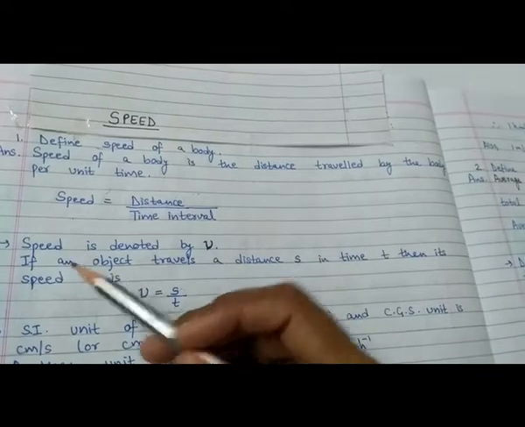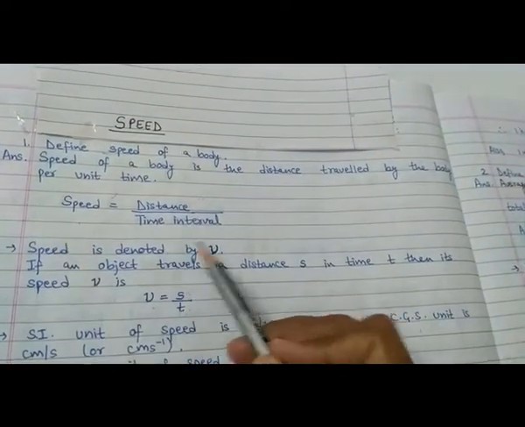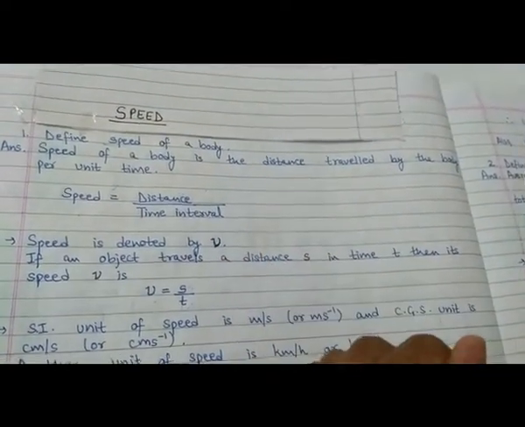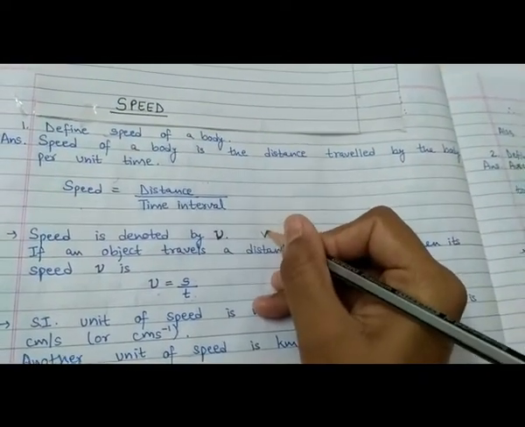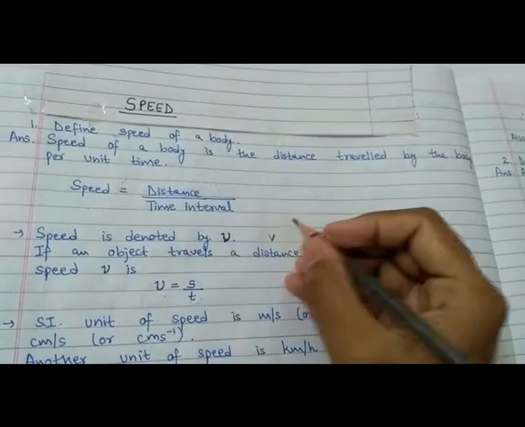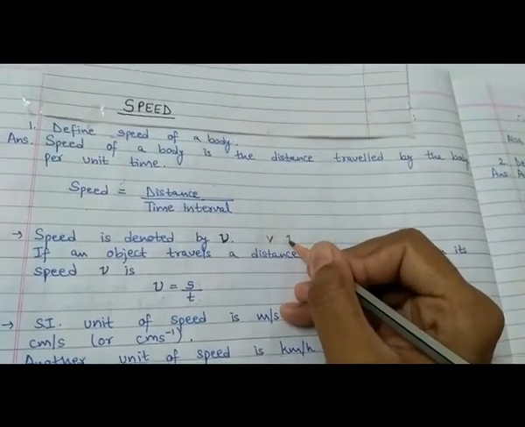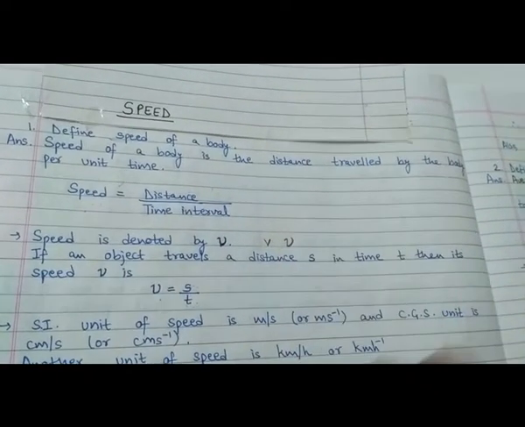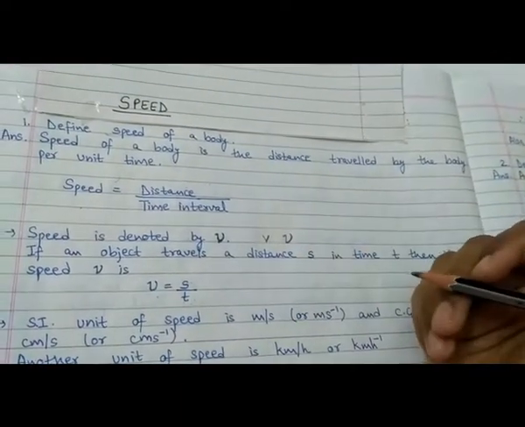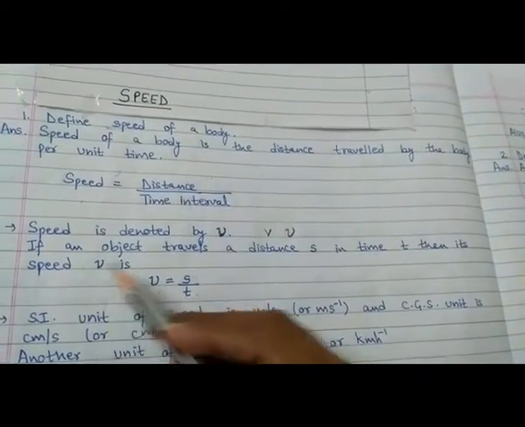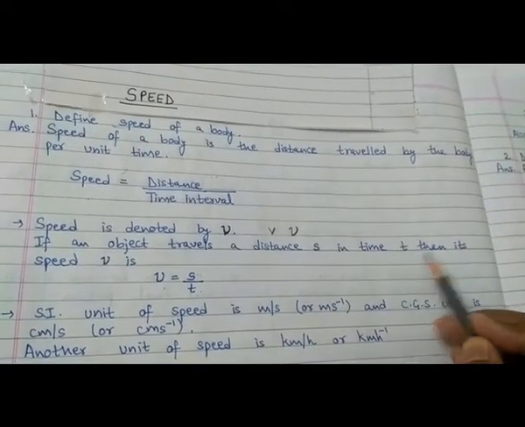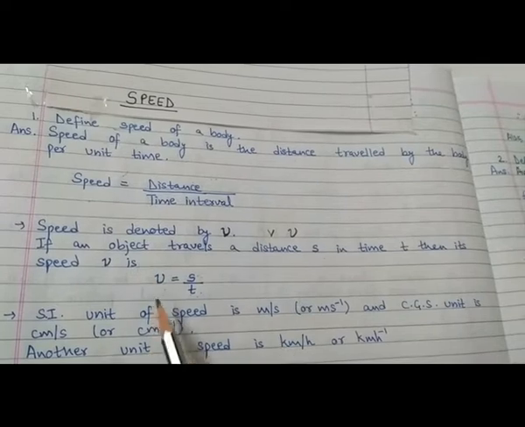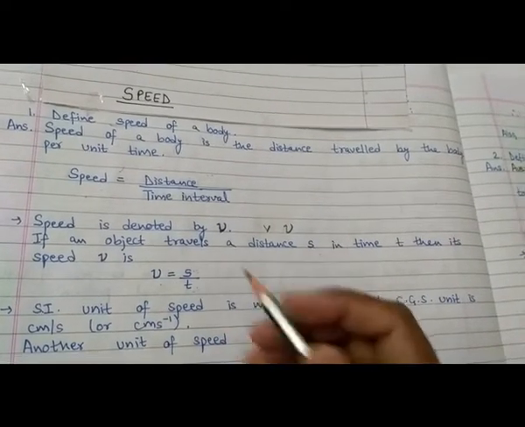Now, speed is denoted by small v. And remember, don't represent it with a sharp small v. Always represent it with a curved v. It should be a little bit curved. If an object travels a distance s in time t, then its speed v is v equal to s by t.